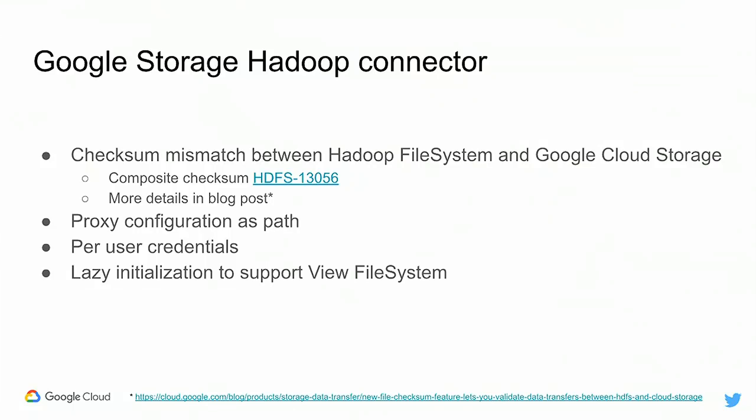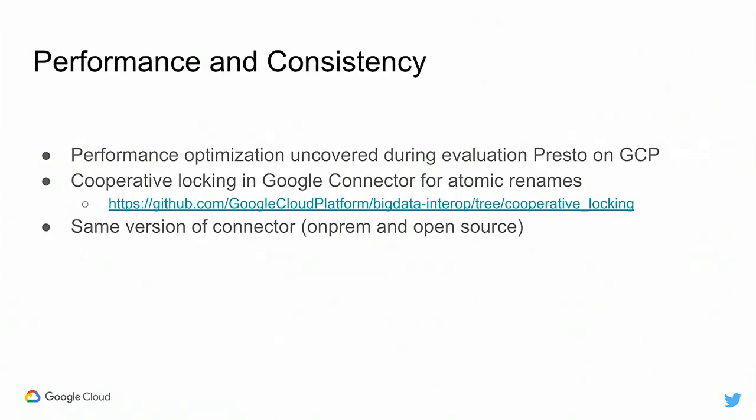Also, when we started off, Google had only a way to specify one user's credentials, and then we changed it to per-user credentials. Whoever is running the command, we can dynamically pick up their credentials to access GCS. And when we were integrating with our view file system, there was lazy initialization support for Google Cloud Storage.